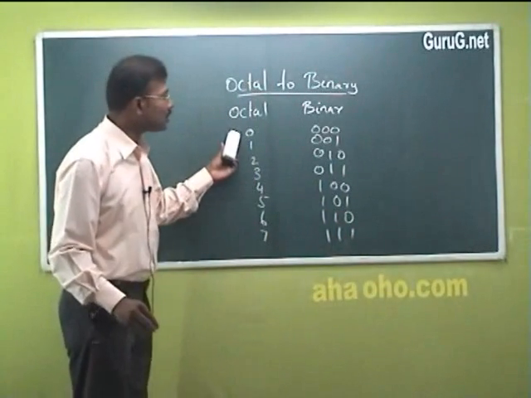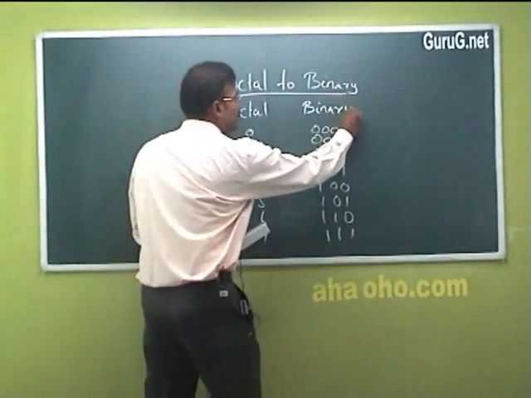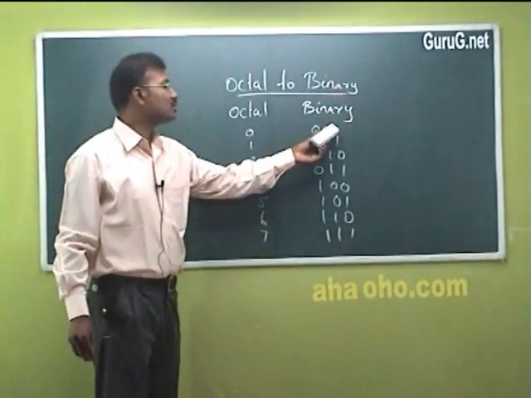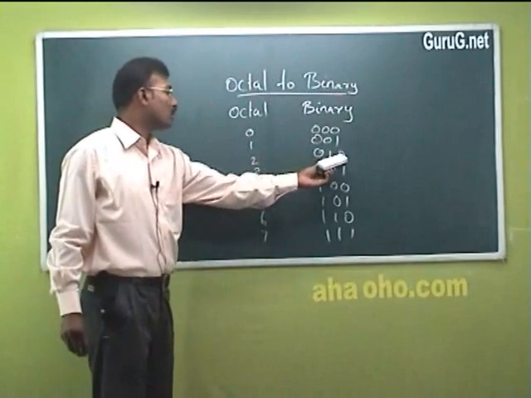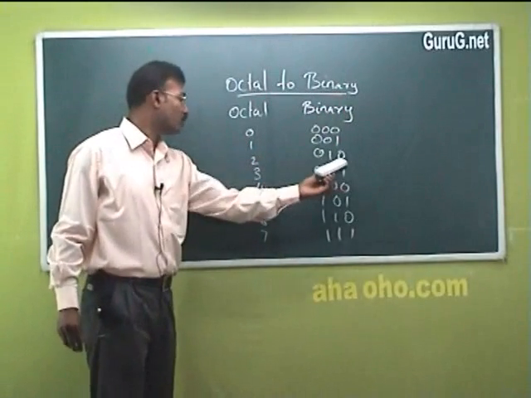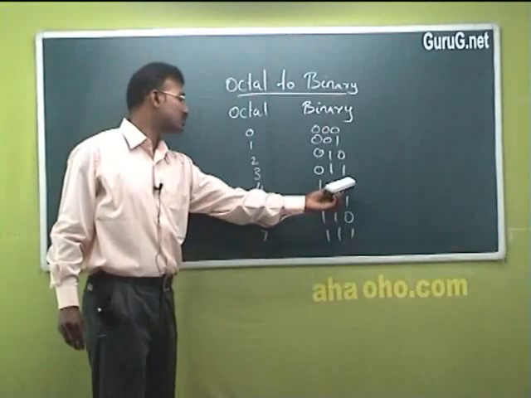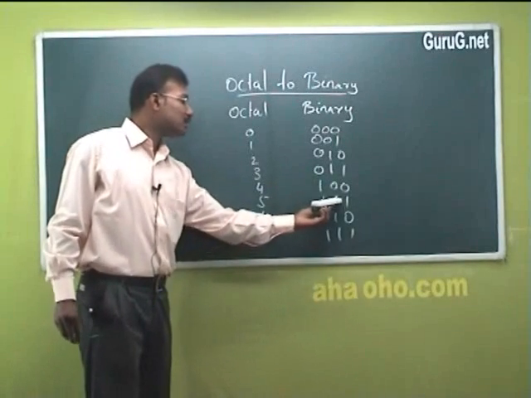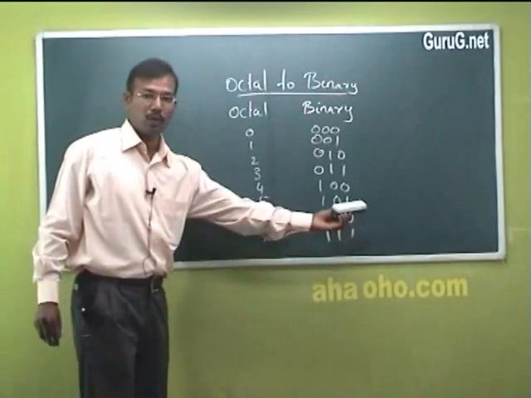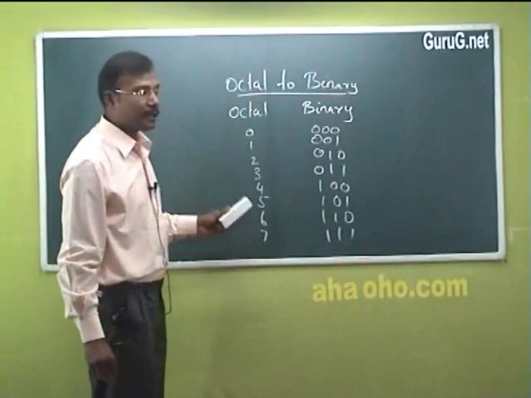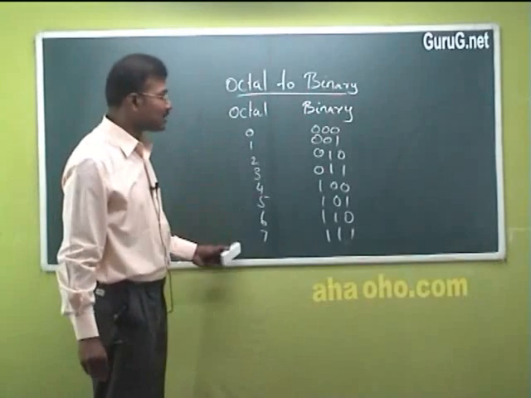So you can just see for 0, the equivalent binary representation is 0 0 0. And for 1, it is 0 0 1. For 2, it is 0 1 0. For 3, it is 0 1 1. For 4, it is 1 0 0. For 5, it is 1 0 1. For 6, it is 1 1 0. For 7, it is 1 1 1. So these are the binary representations for the base digits.